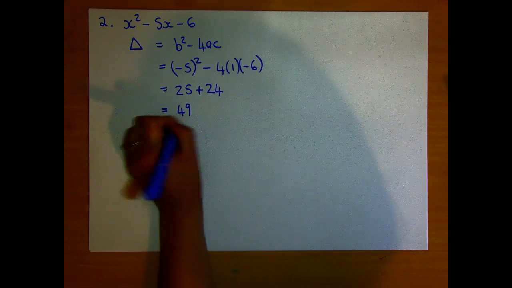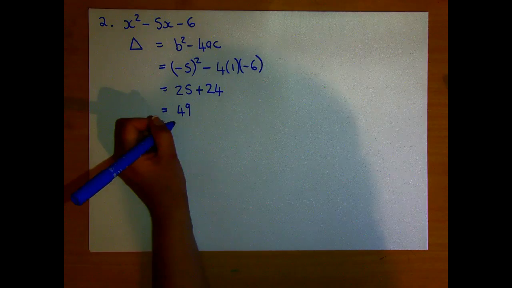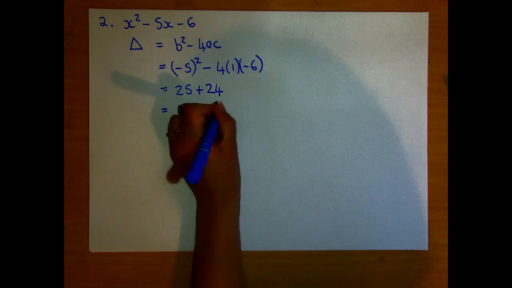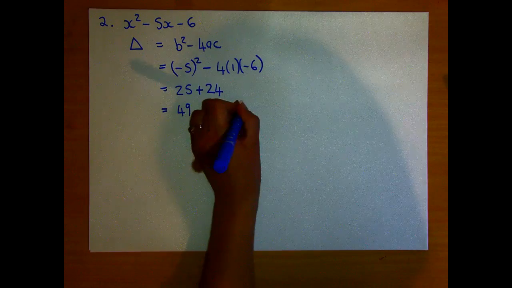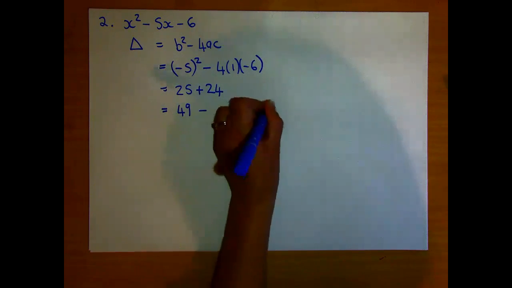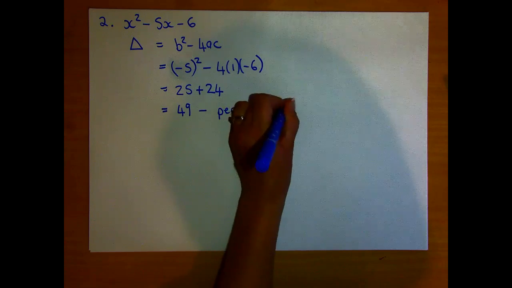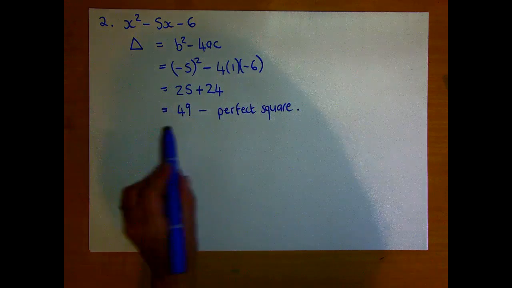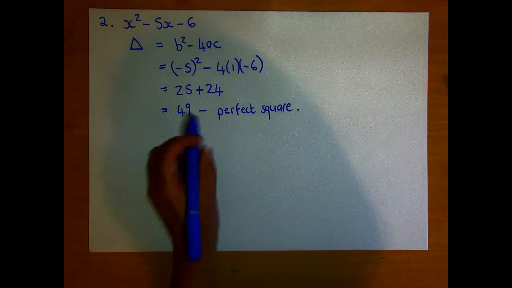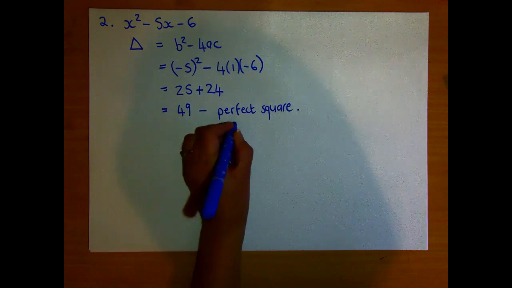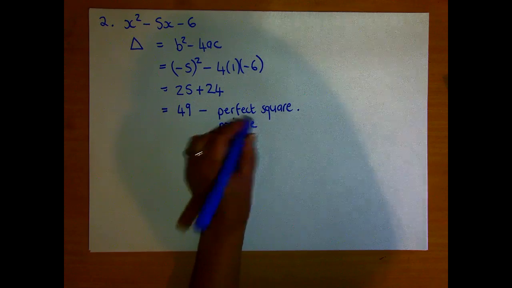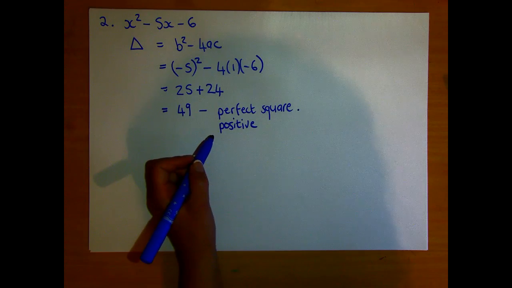49 is a perfect square. We do need to be able to recognize that. So delta is a perfect square. Delta is also positive. So let's just list these things here. It's a perfect square, it's positive.